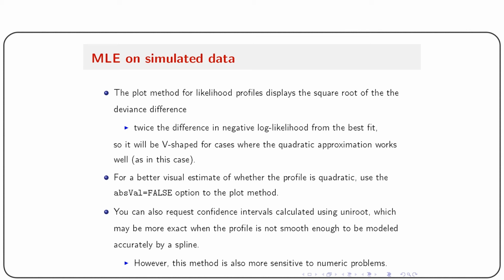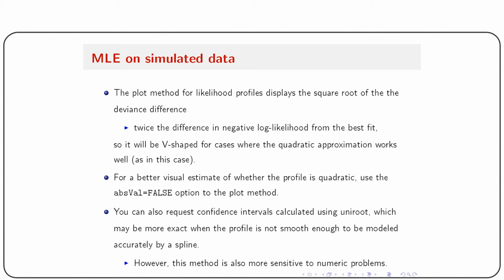The plot method for likelihood profile displays the square root of the deviance difference, twice the difference in negative log likelihood from the best fit. So it will be V-shaped for cases where the quadratic approximation works well. For a better visual estimate of whether the profile is quadratic, use the absVal equals false option to the plot method.